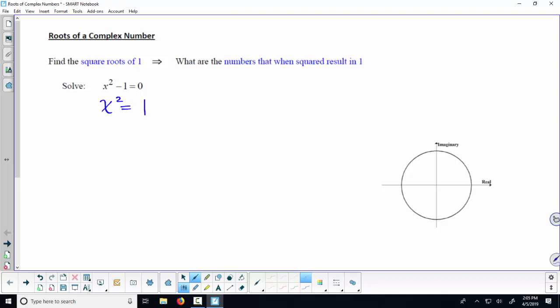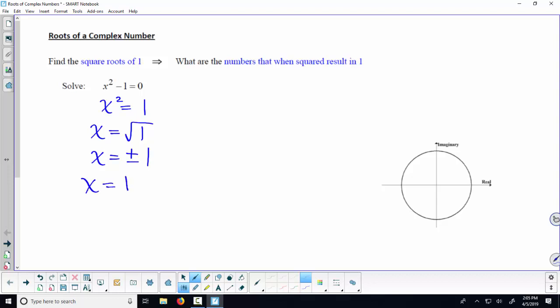x squared is 1. So we apply our square root property. So we say then that x is the square root of 1. And we know that there are two numbers that we square to get 1. So we know it is plus or minus 1. So we take both roots. Okay?